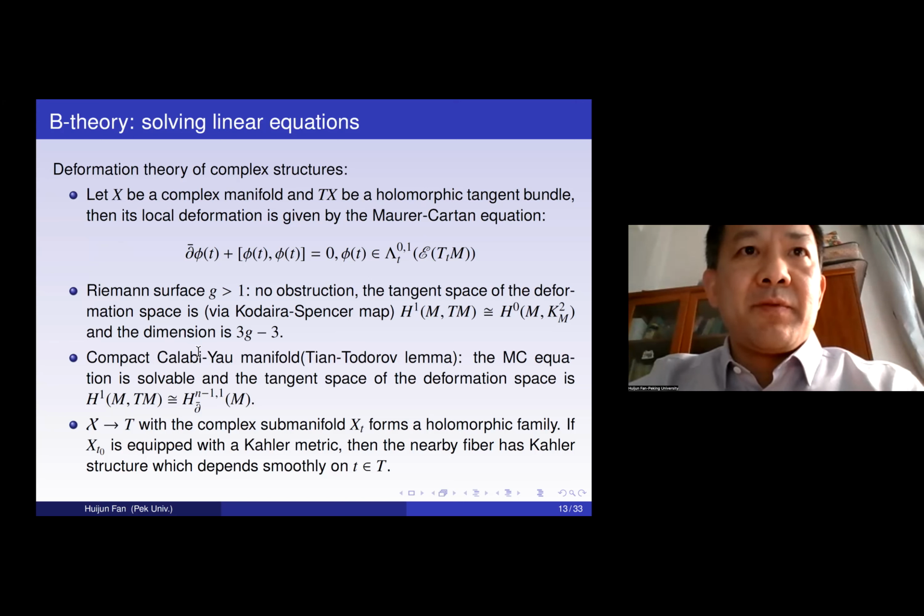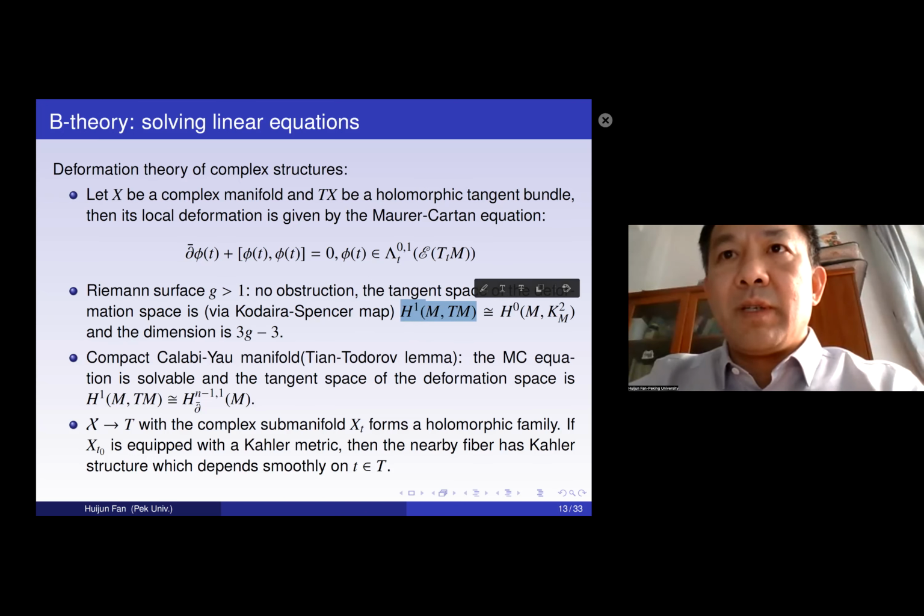The first one is for a Riemann surface with genus g greater than 1. There is no obstruction, because the nonlinear term disappears. You only need to solve this linear equation. The solution of the linear equation is isomorphic to this sheaf cohomology, and by Serre duality, this is equivalent to the space of quadratic holomorphic forms.